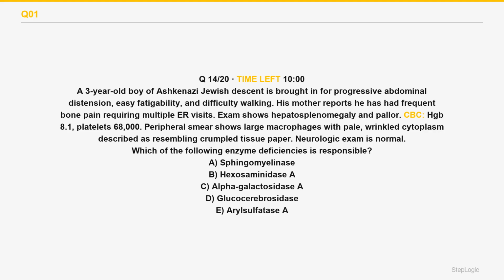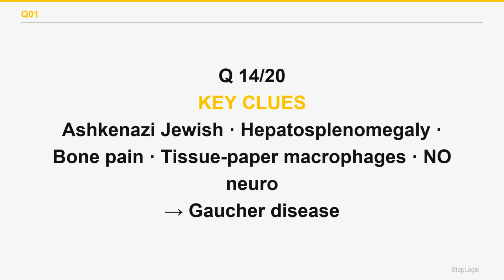Read the command. Which enzyme deficiency? Ashkenazi Jewish child, hepatosplenomegaly, bone pain, anemia, thrombocytopenia, no neurologic findings, large macrophages with wrinkled cytoplasm. That is the diagnostic description. Gaucher disease, glucocerebrosidase deficiency. Glucocerebroside accumulates in macrophages of the liver, spleen, and bone marrow.